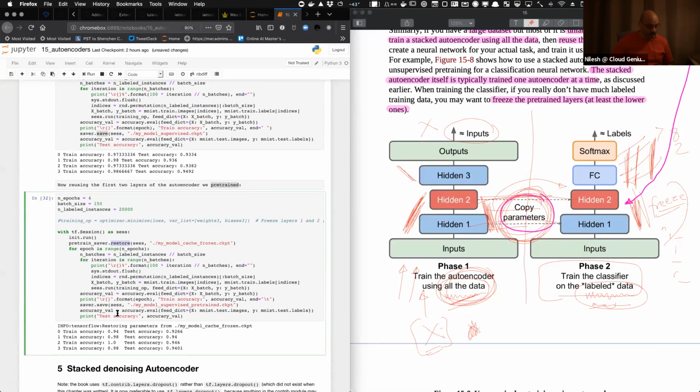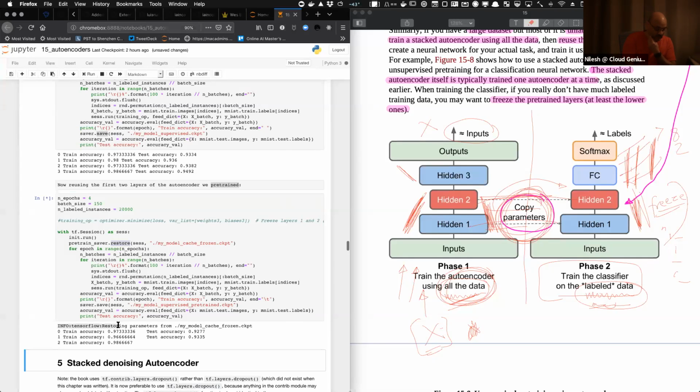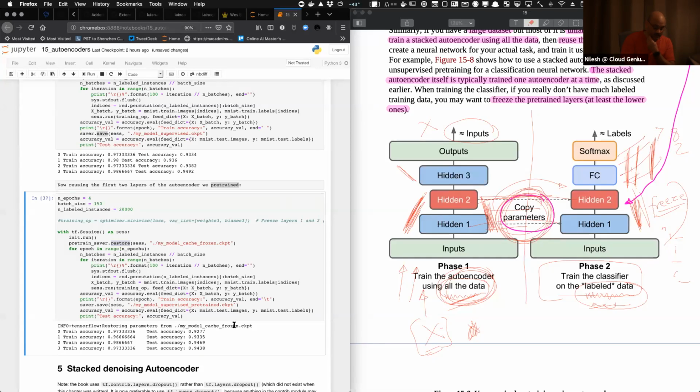So as you can see in our later example, we don't have all those interim layers because we are reusing our pre-training, or I should say unsupervised pre-training in this example. So I'll run this example again, and it begins with restoring the parameters from our earlier save in an earlier run here.